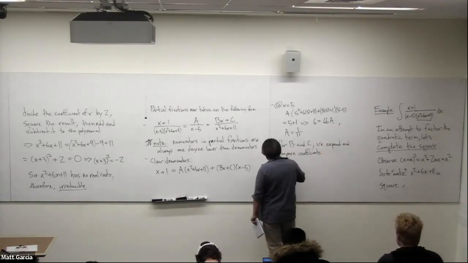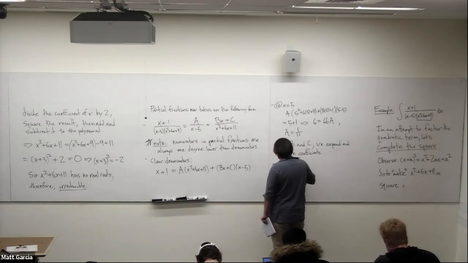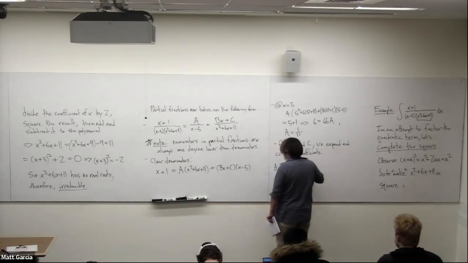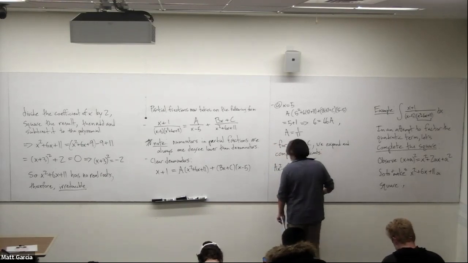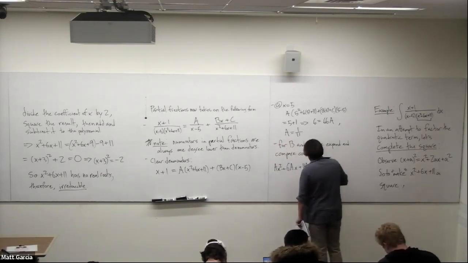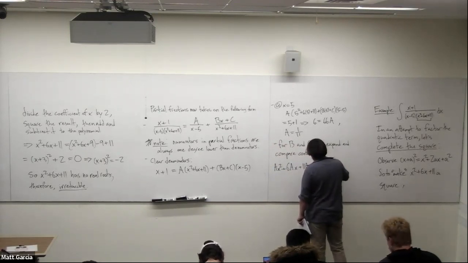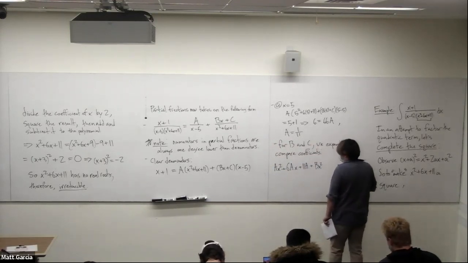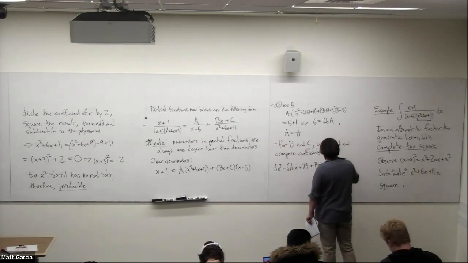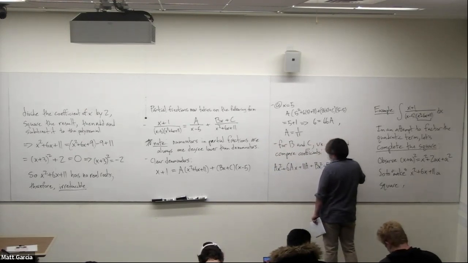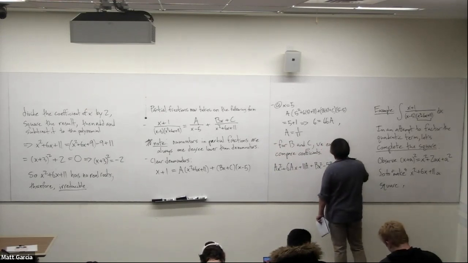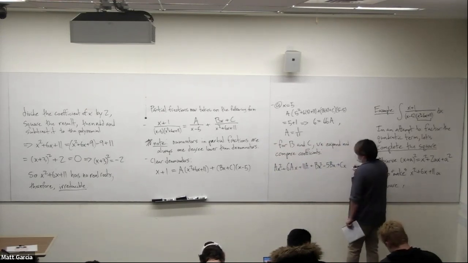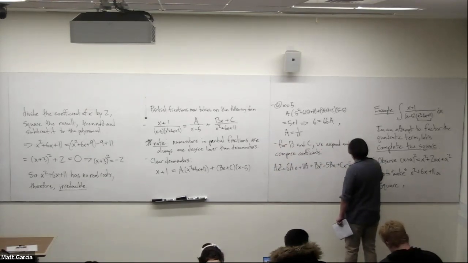I get Ax squared plus 6Ax plus 11A plus Bx squared minus 5Bx plus Cx minus 5C.